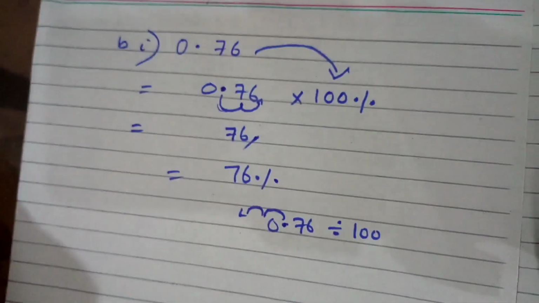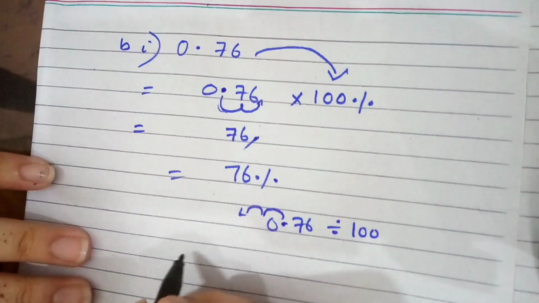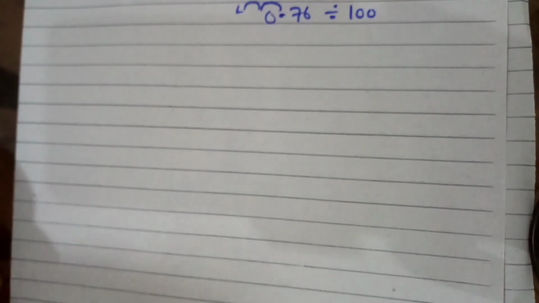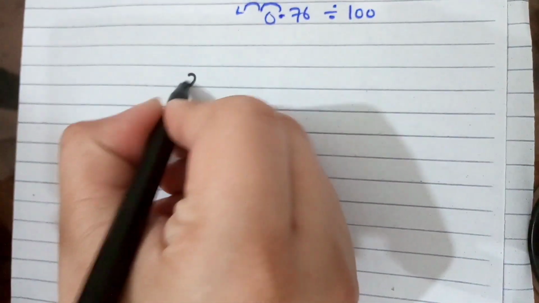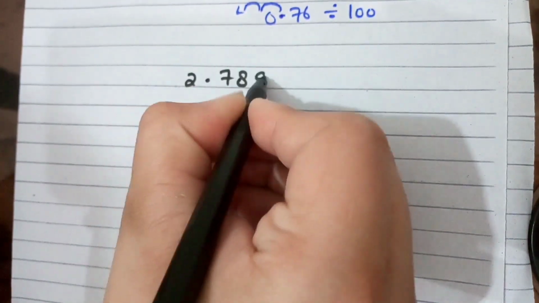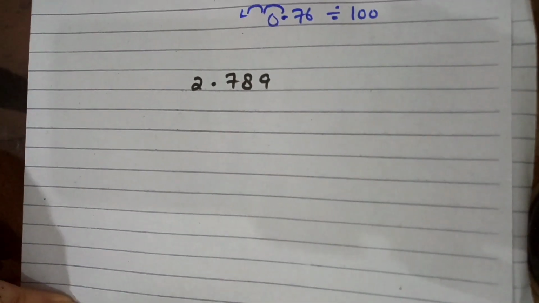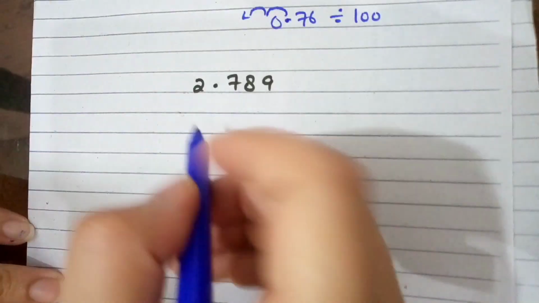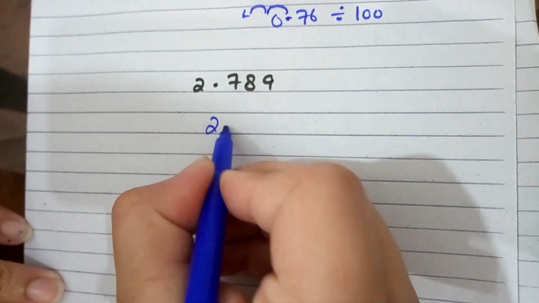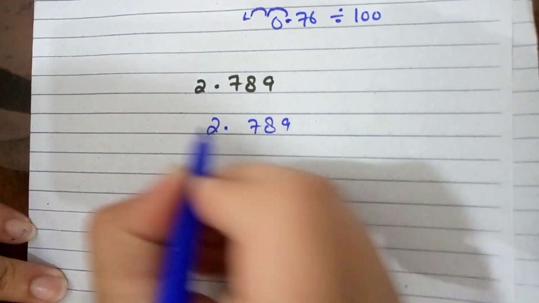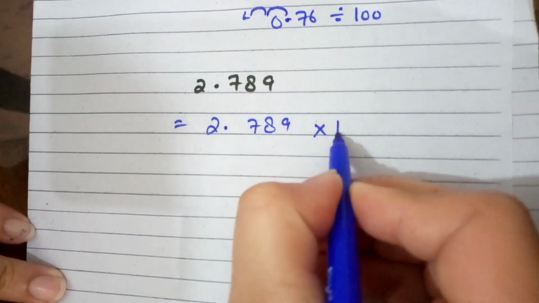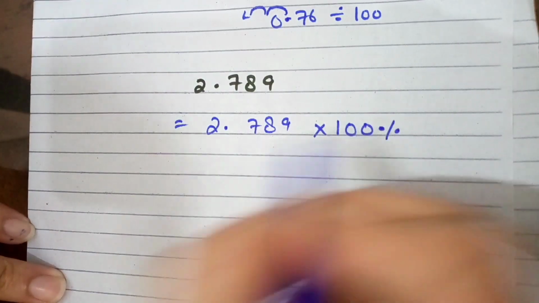Now we will solve the second part of question B, that is 2.789. Now we convert this decimal term into the form of a percentage. So we multiply this term by 100 percent.